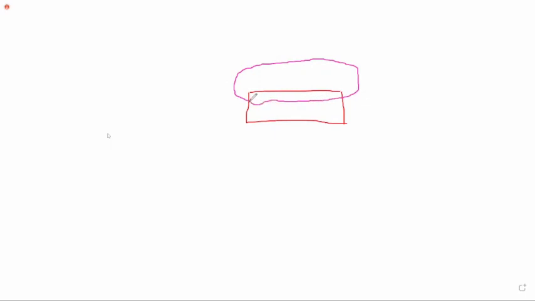I will show only two magnetic field lines. Then there are two poles. This is my south pole and this is my north pole.